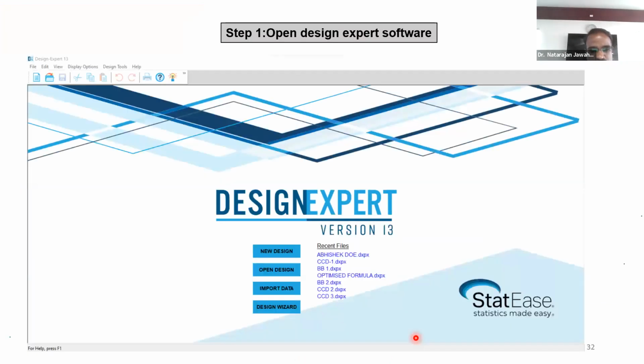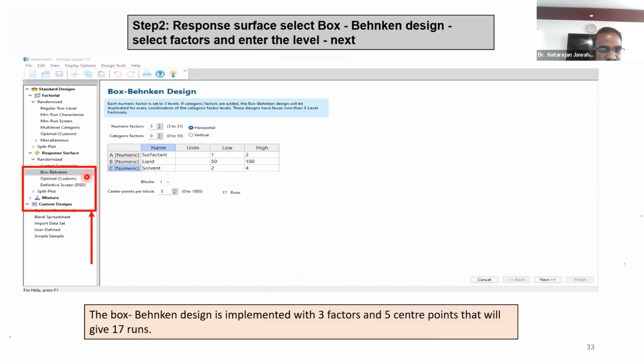So I move on to the software and open a new design. It goes to this first page, and here I just click Box-Behnken in the response surface, and I put in how many factors. In the previous design, we put 2 factors.